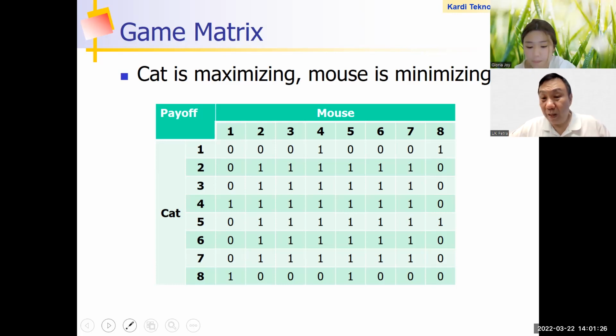To apply game theory in daily life, you should be able to create the game matrix first, your own game matrix based on your own situation. After that, the computation is purely technical, which we can discuss in class.